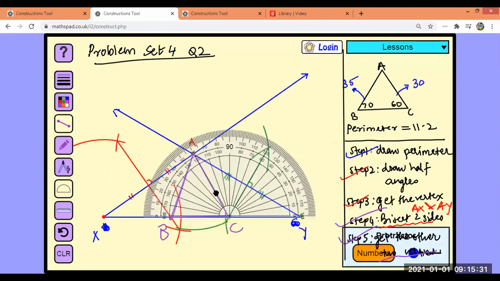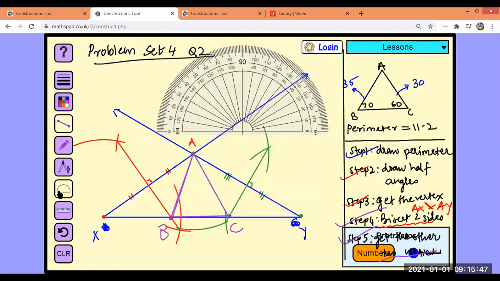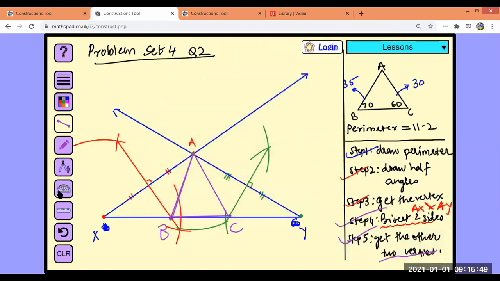Likewise, check angle C. If you place the midpoint of this protractor on point C, you can check angle C is exactly 60 degrees. Okay, so that completes the construction and the verification also.